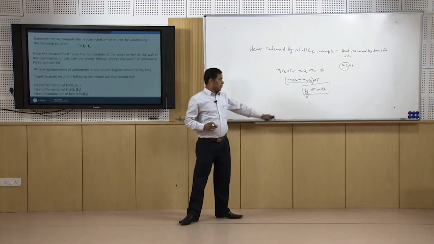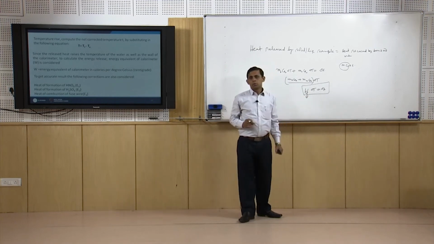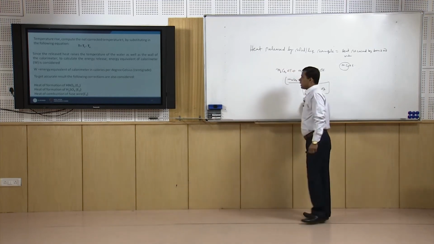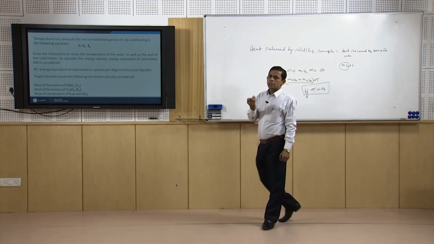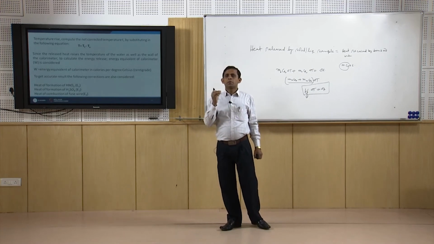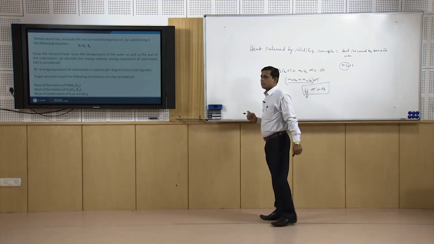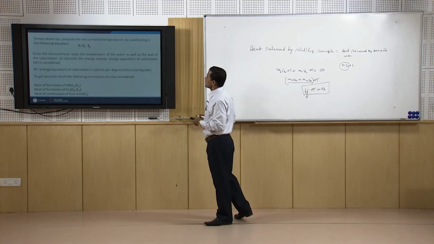So, our first job for determining the heating value is to determine the water equivalent of the bomb calorimeter, and that is done by using a certain amount of material whose del H value or heating value is known to us. Benzoic acid is basically used.